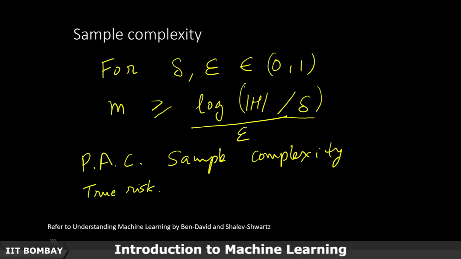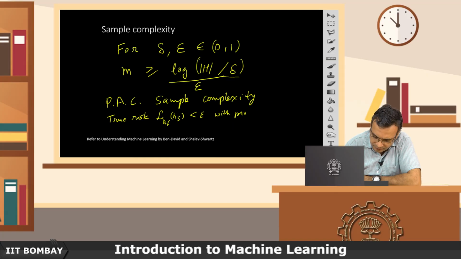What is true risk? True risk is L_D(f) of the empirical risk minimizer h_S fit on sample S. True risk is going to be less than epsilon with probability at least 1 minus delta.